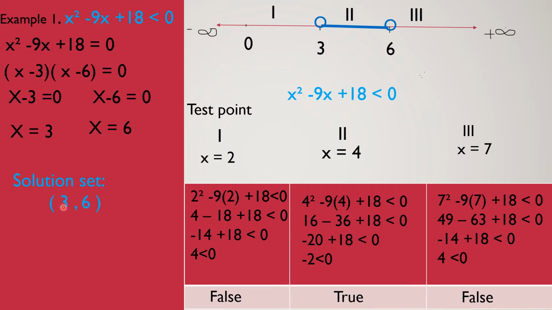We have 3 and an open parenthesis, because this open parenthesis means that 3 is not included. And then comma, then 6, then close parenthesis, which means also that 6 is not included. That's how you're going to write it.